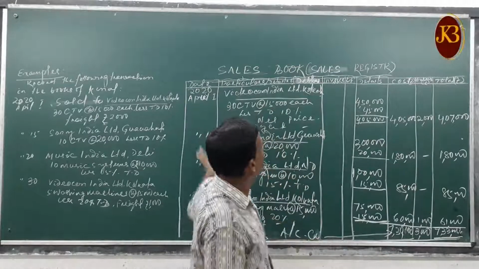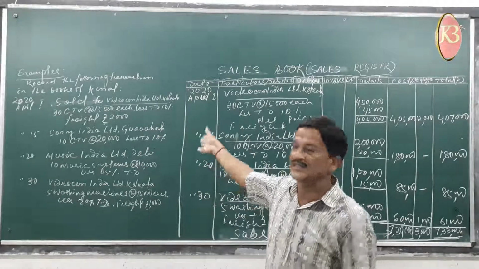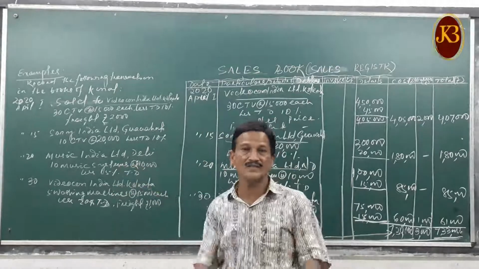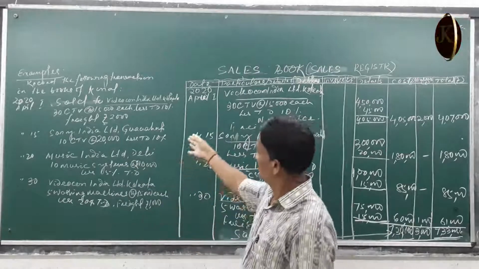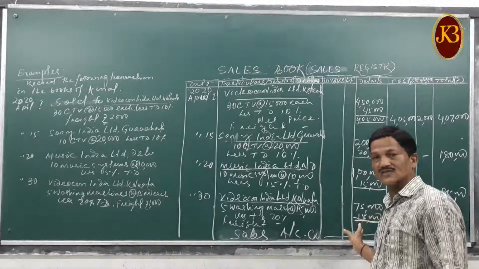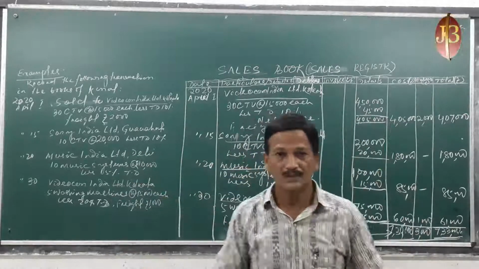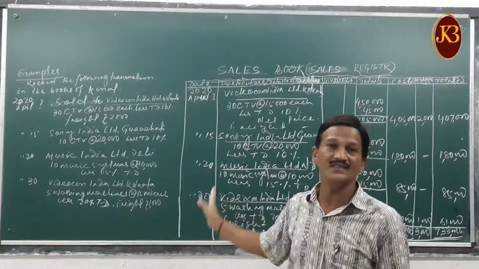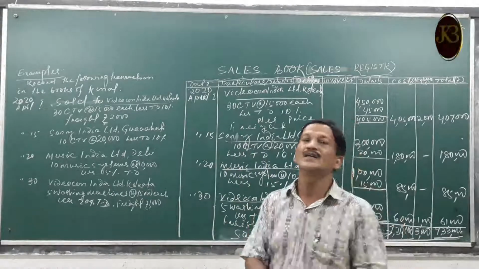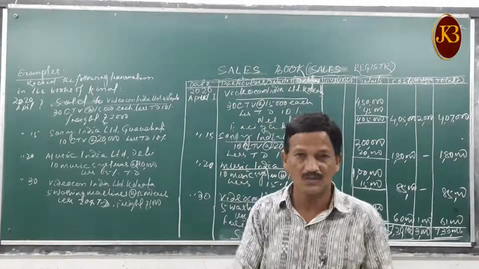So this is how I tried to show you through examples the purchase book and the sales book, how to prepare the transactions, to prepare the book, then post to the ledger accounts. So this is all about the purchase book and sales book. Next we will discuss the purchase return book and sales return book. Thank you.